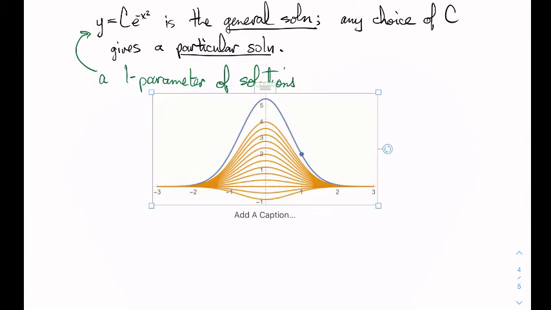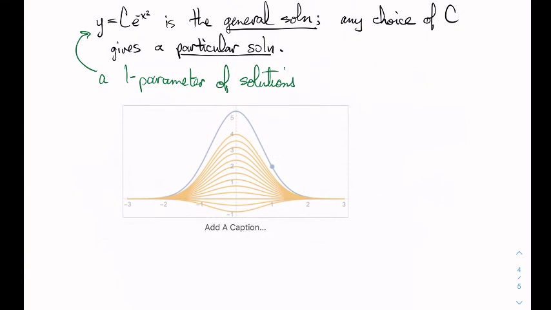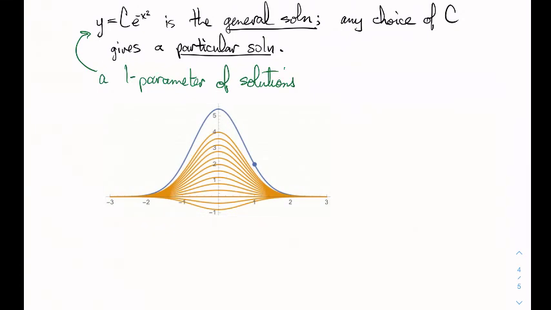So here we have the one parameter family of solutions, c e to the minus x squared, and then a particular c is chosen via an initial condition. So let me just recall the definition for that.